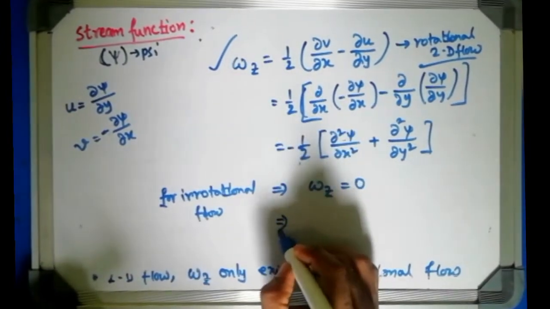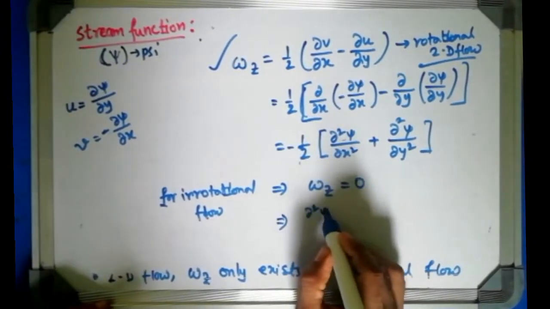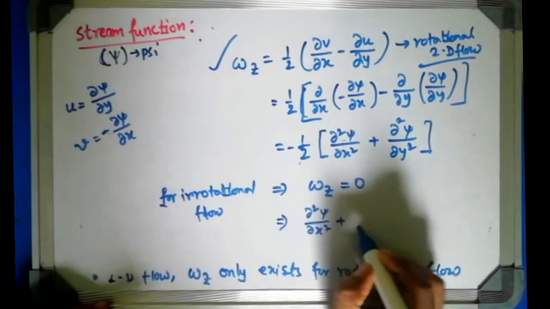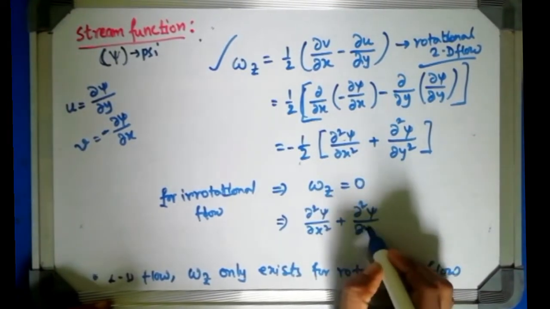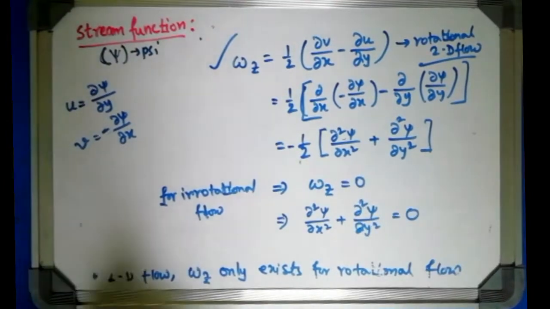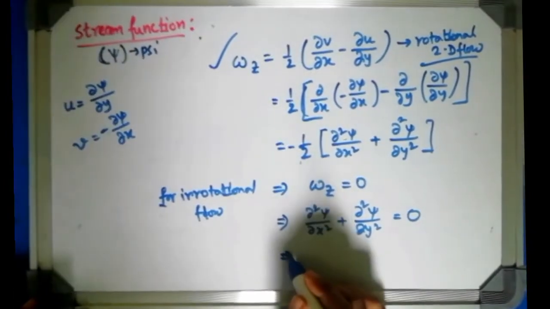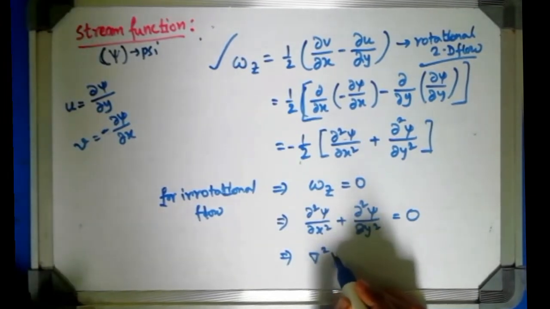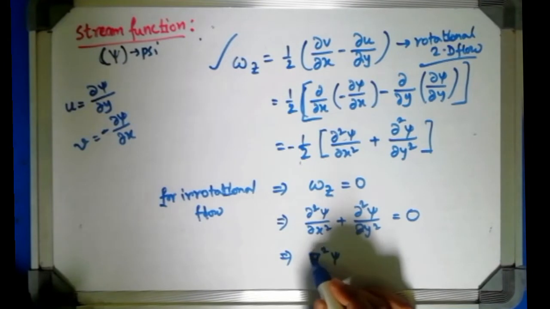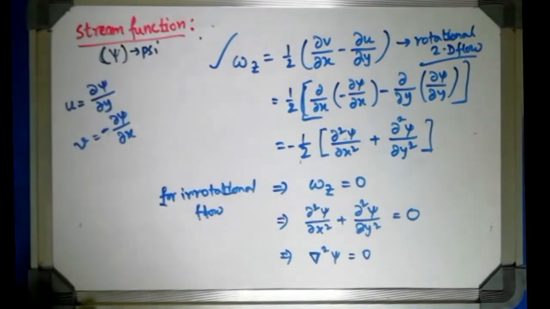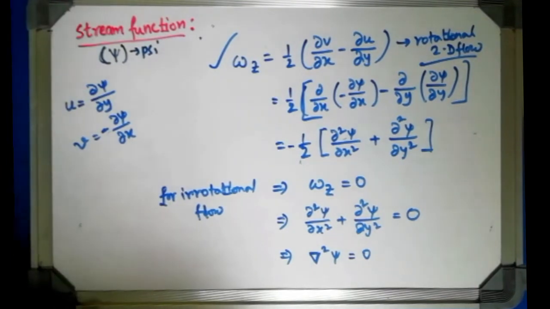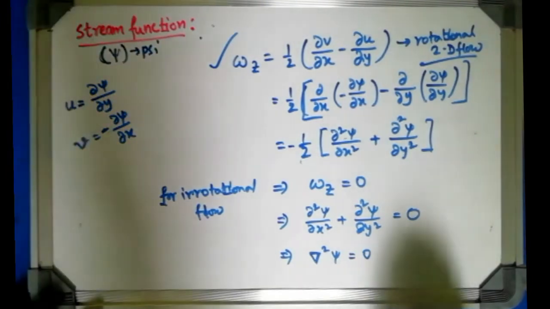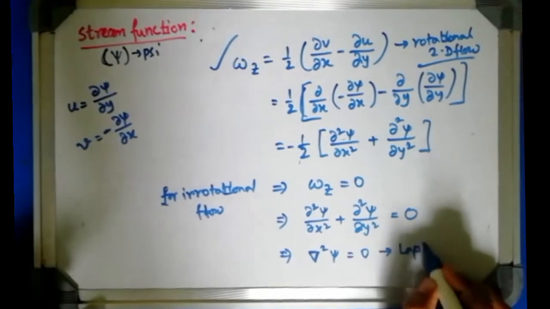As a result, del square psi by del x square plus del square psi by del y square becomes 0. You can see this is nothing but the divergence square of psi, equal to 0. Now I think you can identify this equation. It is nothing but a Laplace equation, isn't it? It is a form of the Laplace equation.